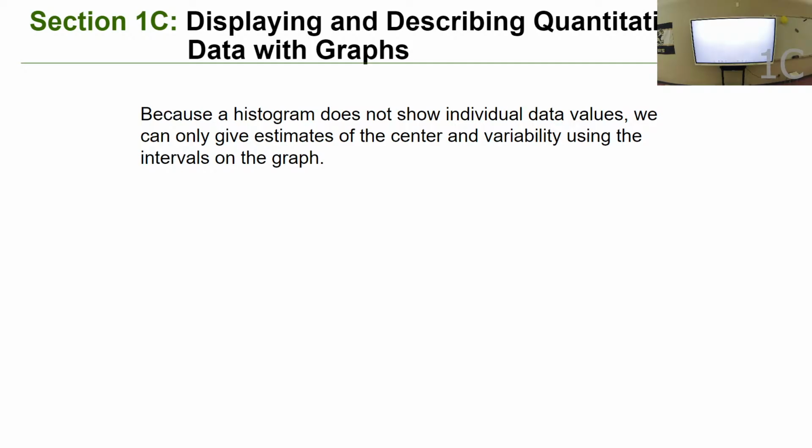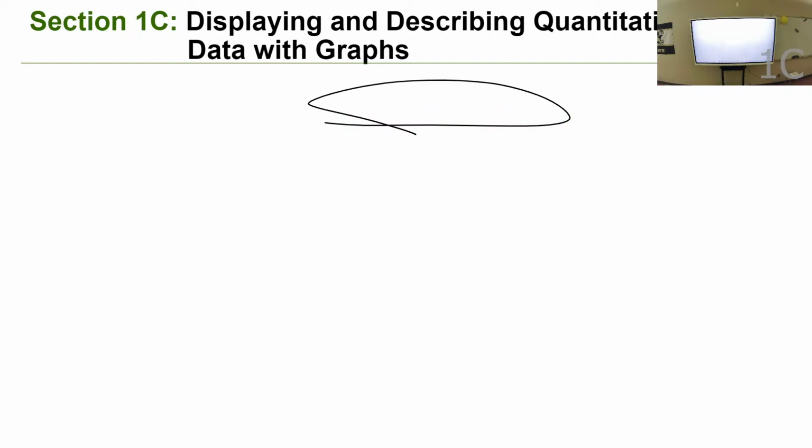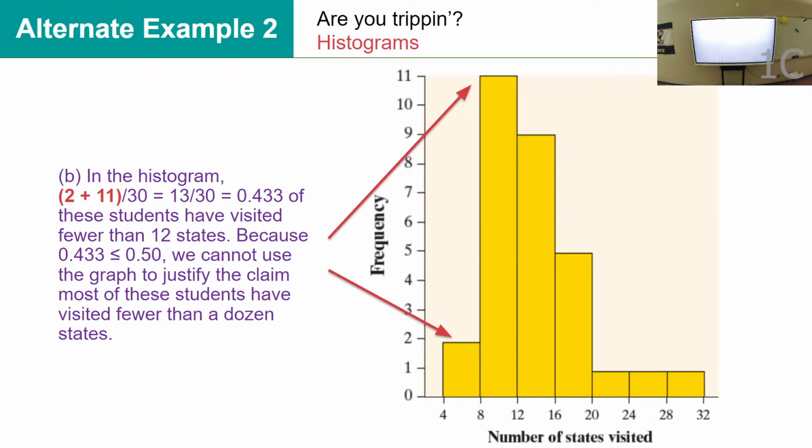Histograms do not show individual data. That's where they're going to try to get you. They're going to ask you, the minimum is 4. No, you don't know. In fact, the minimum is actually 5, but you don't know that from this graph. The maximum is 32? No, the maximum was not 32, but I don't know that unless I have the data.